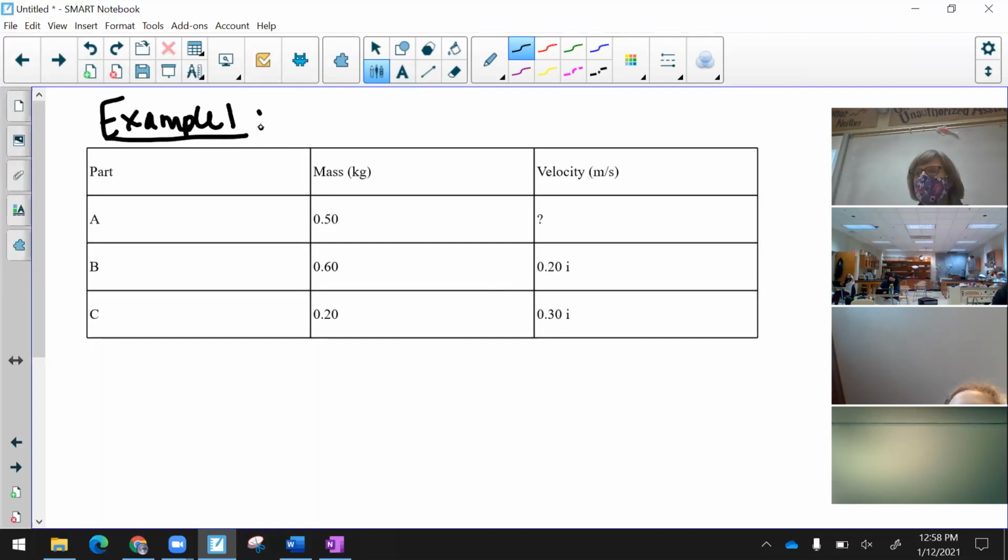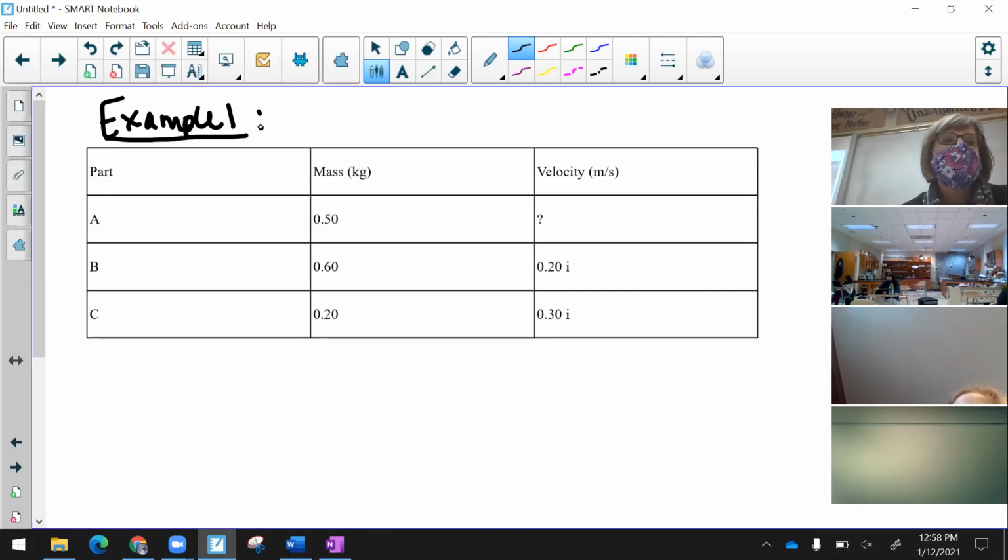So yes, there's a gravitational force, and yes, there's a normal force, but those 2 forces balance each other out, so we don't have to worry about those. And if there is no net external force, and as long as I make sure my system includes particles A, B, and C, then I can have conservation of momentum.